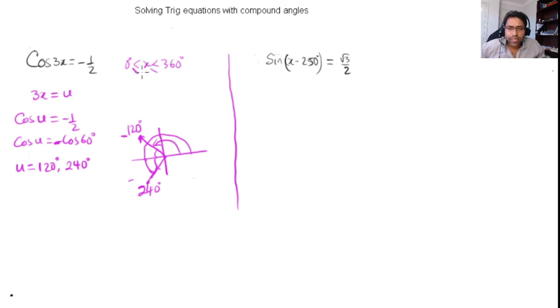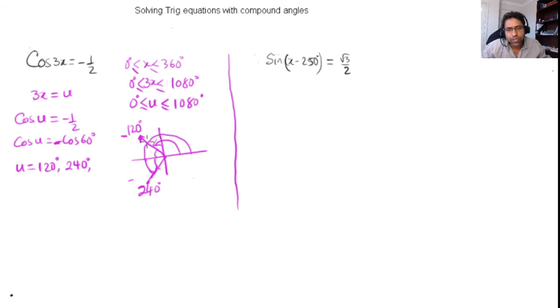Since u is 3x, 3 times 360 is 1080 degrees, and 3 times 0 is 0 degrees. So the restriction for u changes to 0 degrees up to 1080 degrees. It means we cannot stop at 120 and 240, because those are just one cycle, but we can go up to 1080, which is 3 cycles.